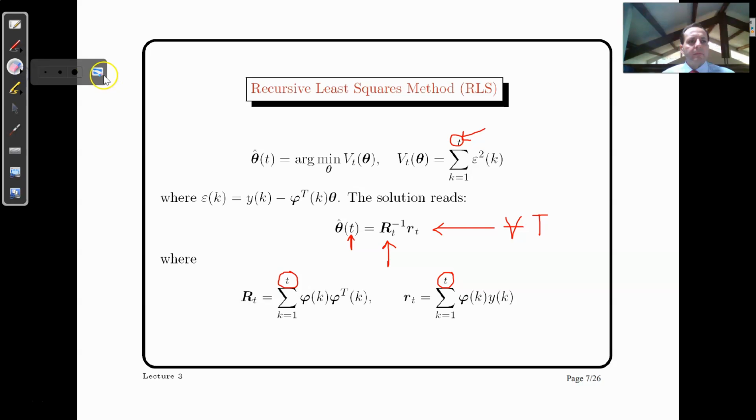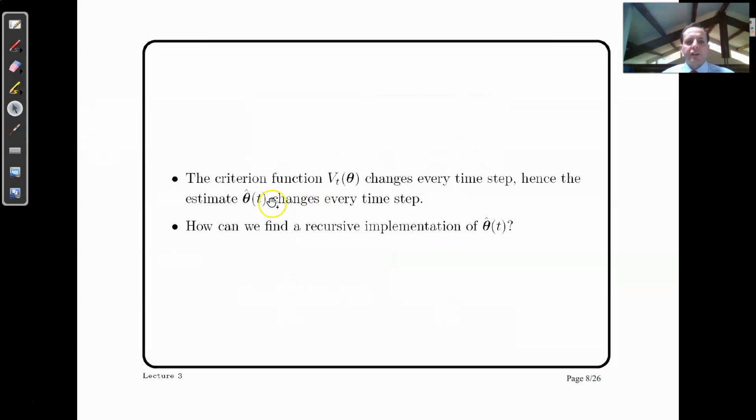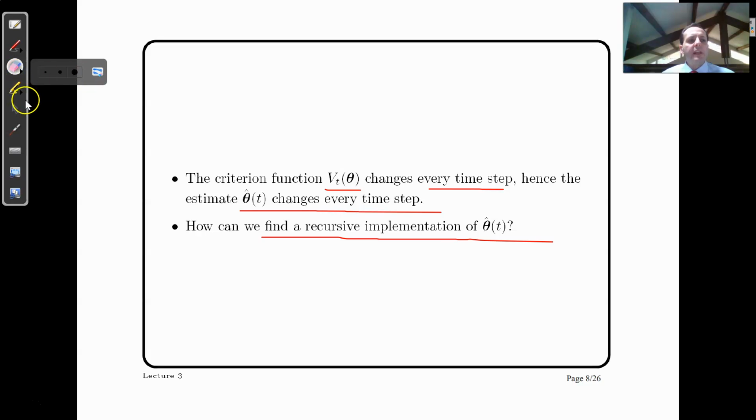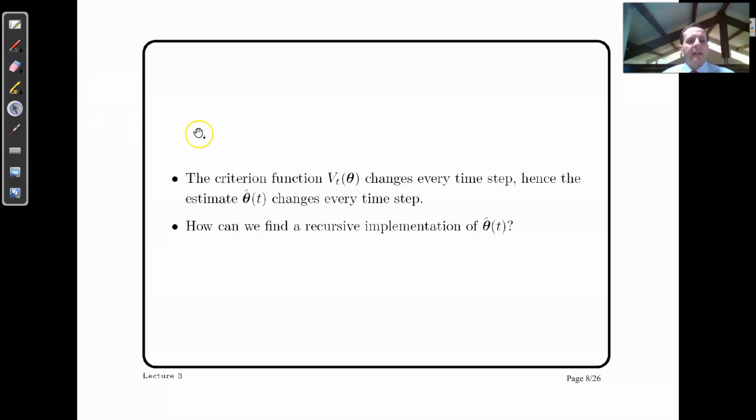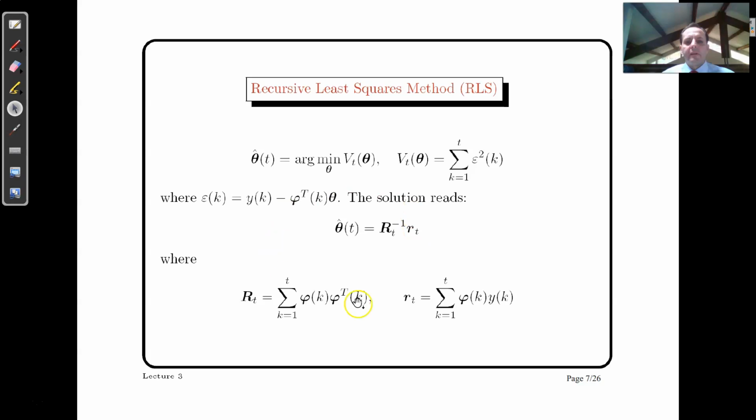From this consideration, I just remark this point here: the criterion function changes every time step, then the estimate changes every time step. So how can we derive a recursive implementation of this estimation without computing this relation at each time instant?